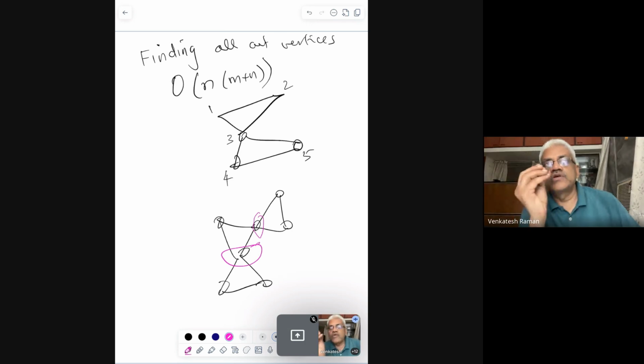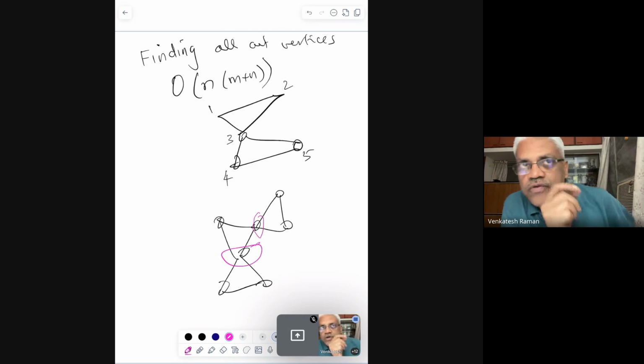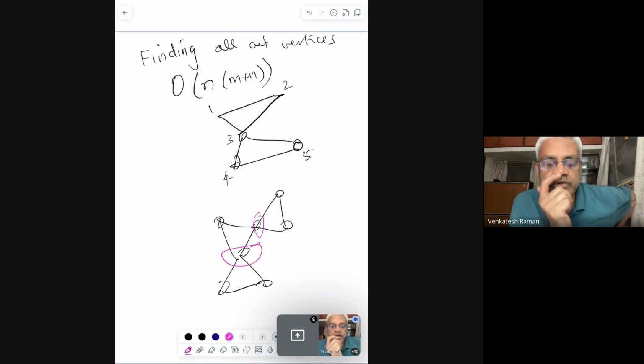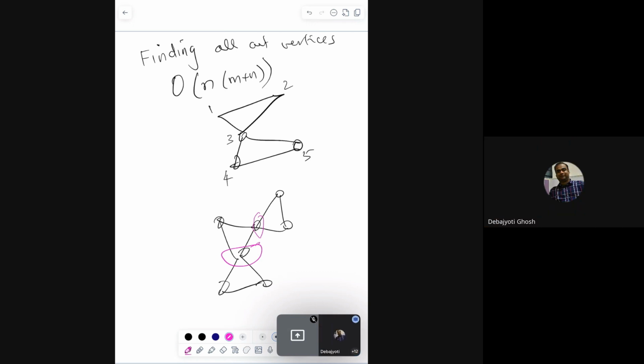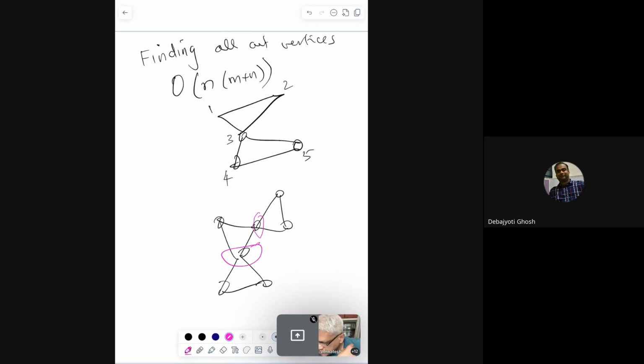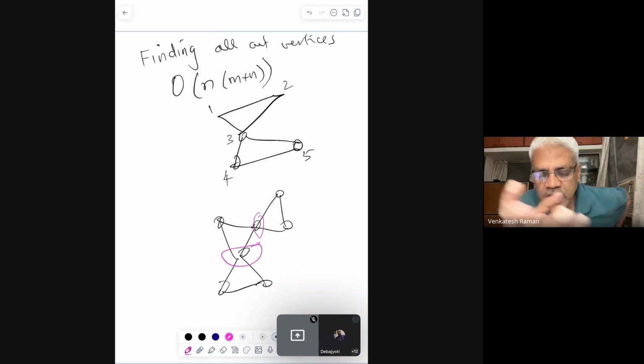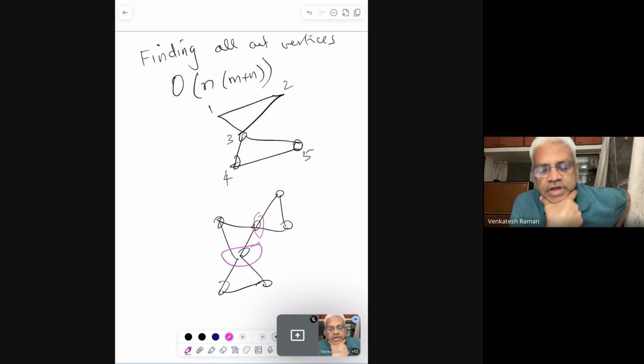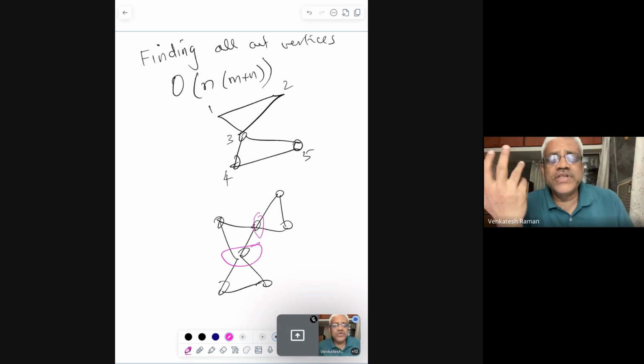So exactly what will you do? It will find the connected components of the given graph. Okay. Let's assume the graph is connected.